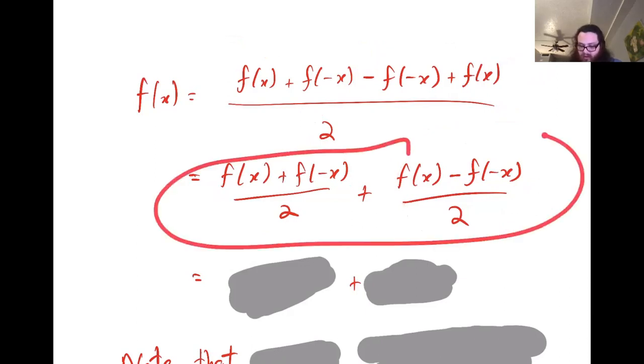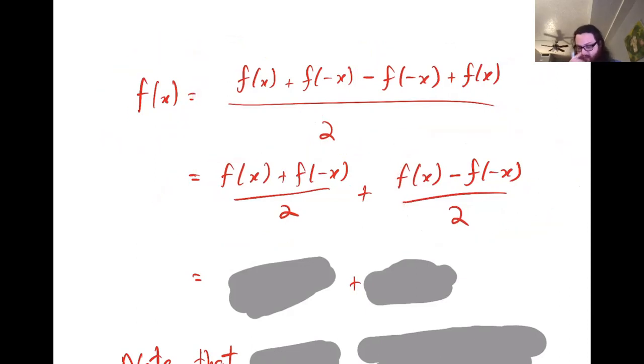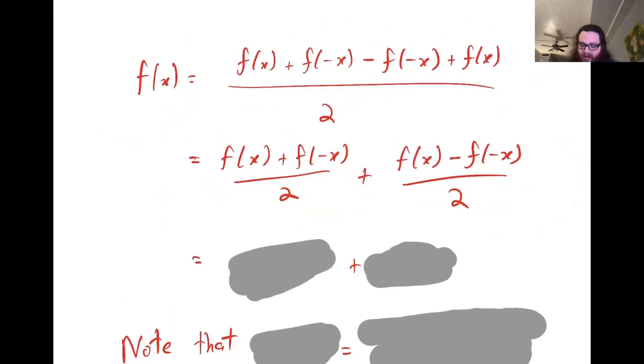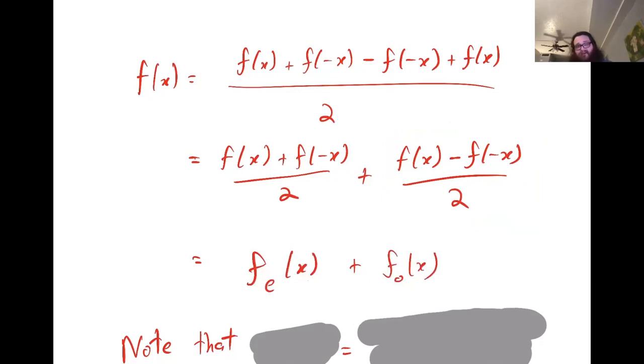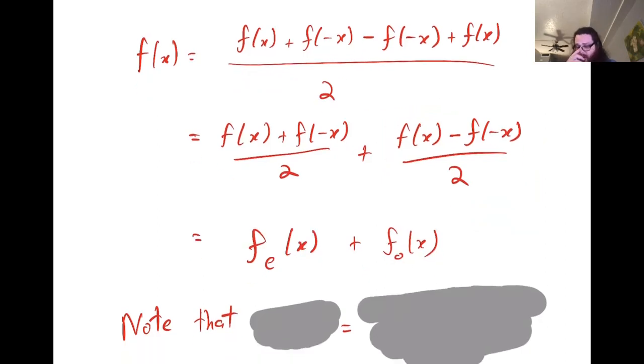So this whole expression is still equal to f of x. We're going to call this the even part and this the odd part. We're going to write that as f sub e, f for the function, sub e for even, and then the argument x, as well as f sub o for the odd part. Okay.